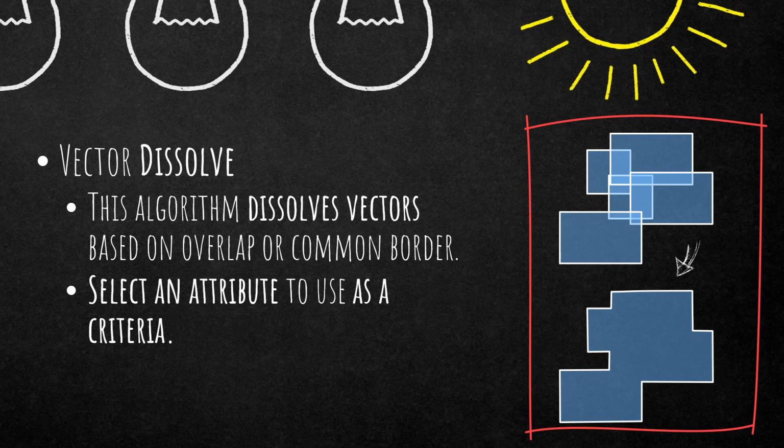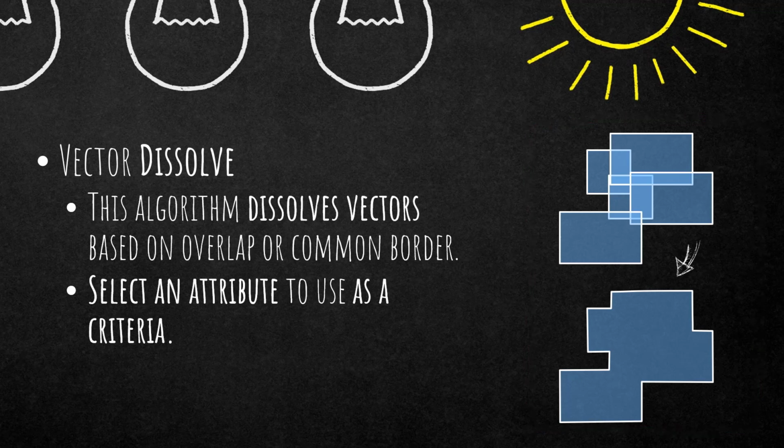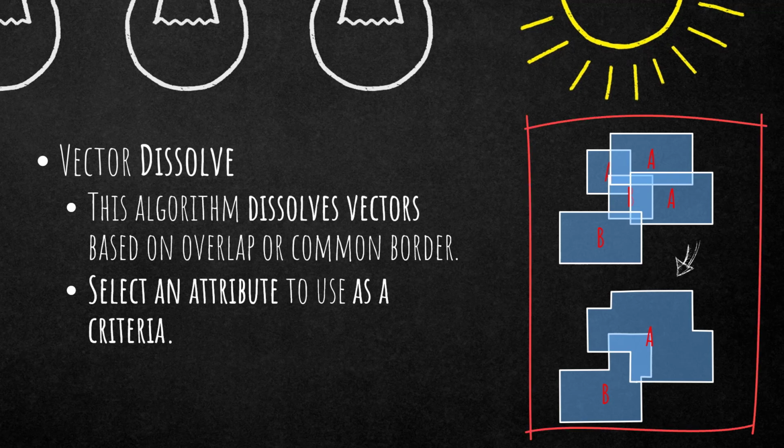So it's possible to dissolve all polygons within one thematic layer to 1, or you can choose an attribute within one thematic layer. Let's say you have, for example, 1 column in your attribute table depicting the classification. If you use this attribute for dissolve, it only will dissolve polygons that share the same value within that field. If you leave it empty, it's going to dissolve all polygons.